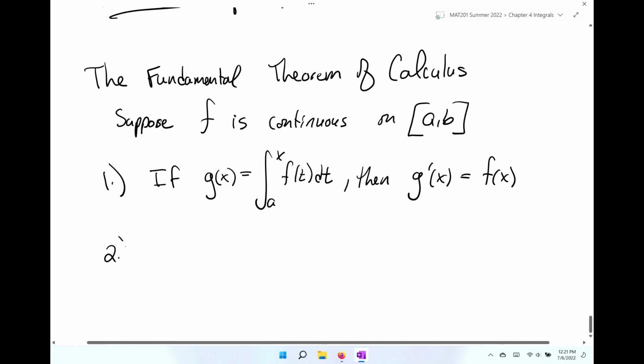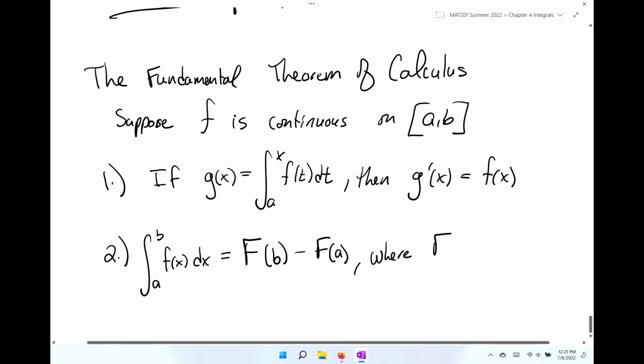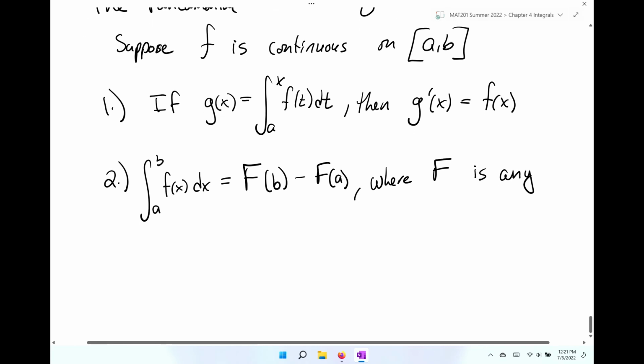Part 2 says the integral from a to b of f of x dx is going to equal capital F of b minus capital F of a, where capital F is any antiderivative of f.